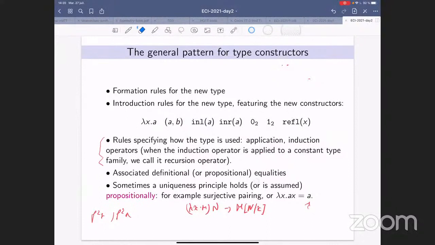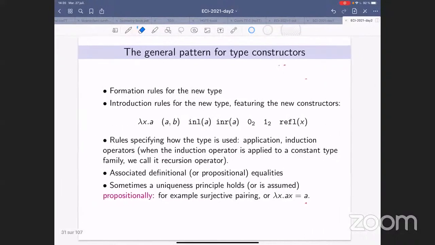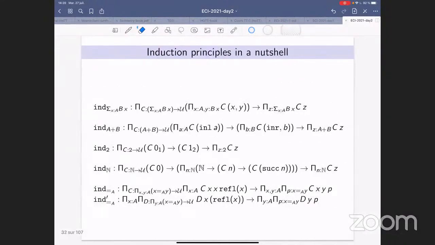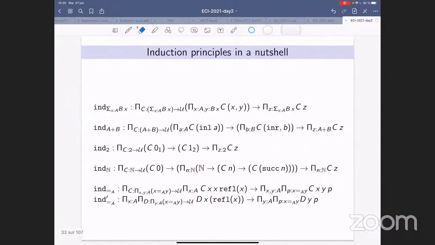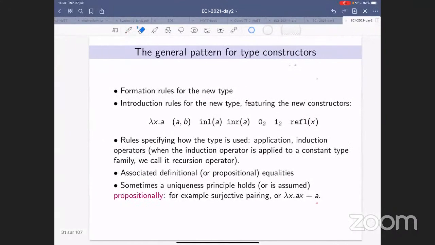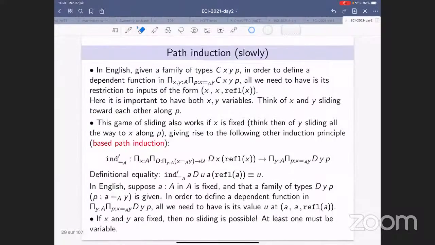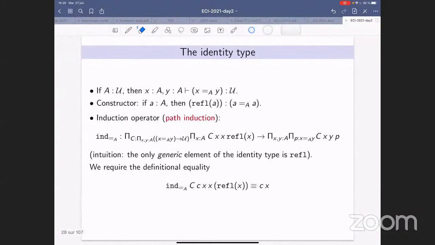Okay, so now that I have made these general remarks, I think we can start the lecture proper, and arrive to where we were exactly. So we were discussing the induction principle for the identity type.